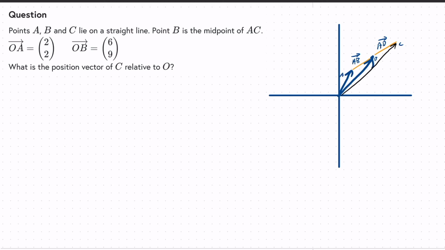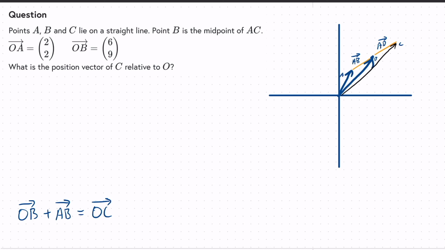So essentially what I need to do to solve this problem is go OB plus whatever AB is, right, because that's equal to BC, and that'll give me the direct vector.